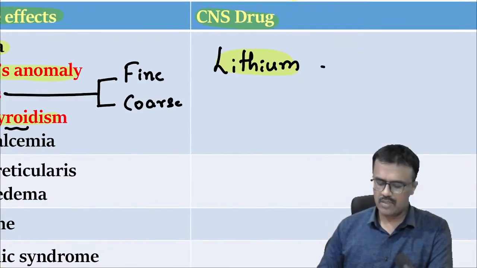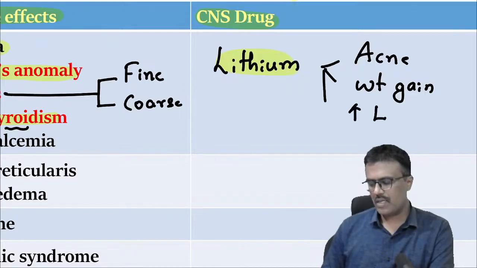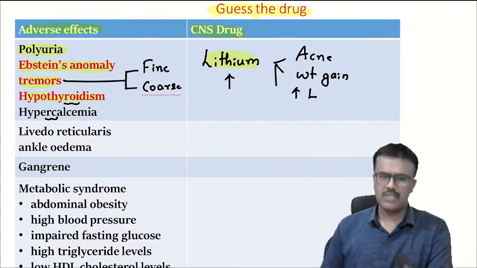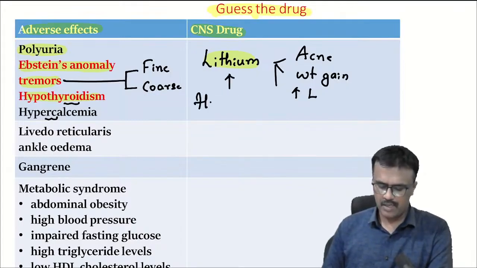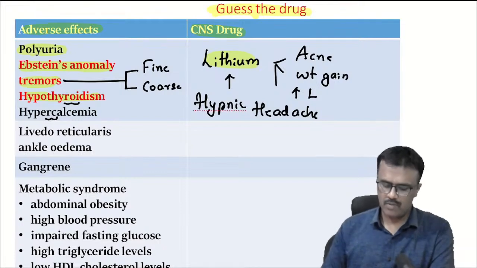Lithium can also cause acne and weight gain. It can also increase leukocyte count. Lithium is used in a special type of headache called hypnic headache. This is not being tested till now. But lithium has one more specialty.